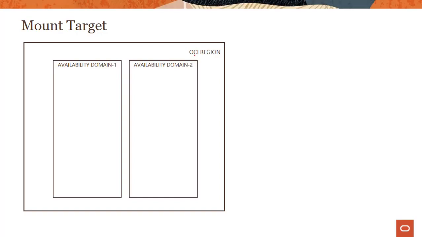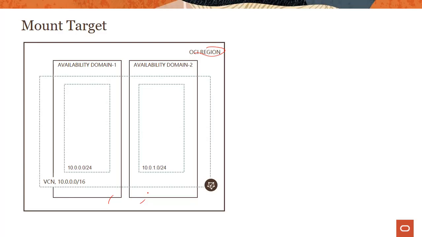Right now I'm showing you a region which has two availability domains. Now it can be a single AD region also, and all the concepts I'm going to talk about remain the same. So we have a region with two ADs, and just for illustration purposes, I mean, regions have three ADs. I'm just showing this for illustration purposes.